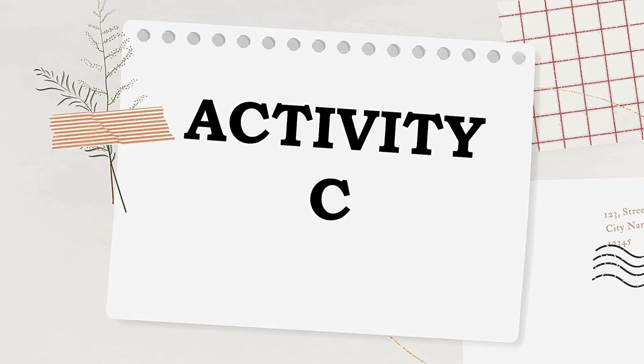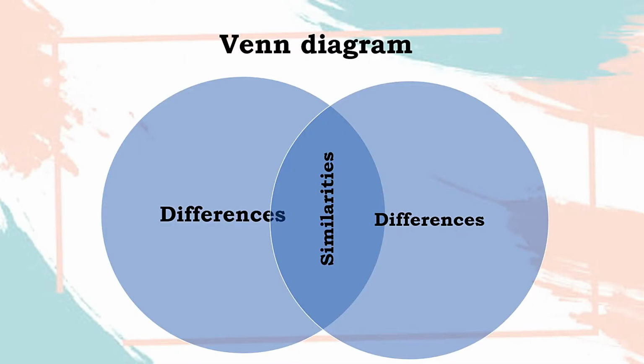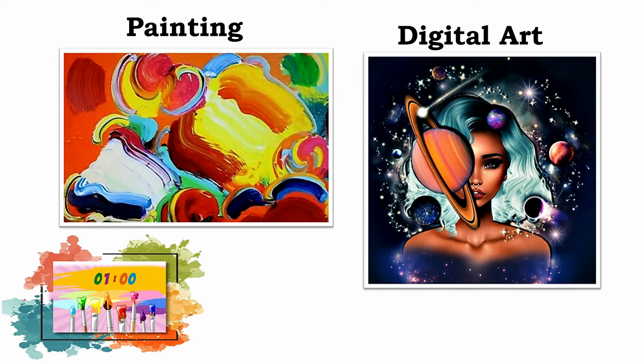I have here another activity before we start discussing. Below are painting and technology-based artworks. Identify similarities and differences using the Venn diagram. So this is the Venn diagram. You will write the differences of the two artworks and the similarities. I will give you 60 seconds to write down the similarities and differences. Your timer starts now.